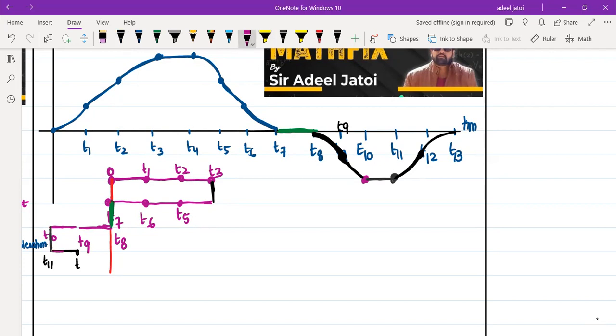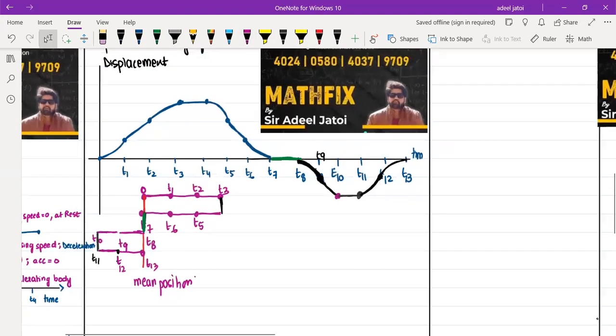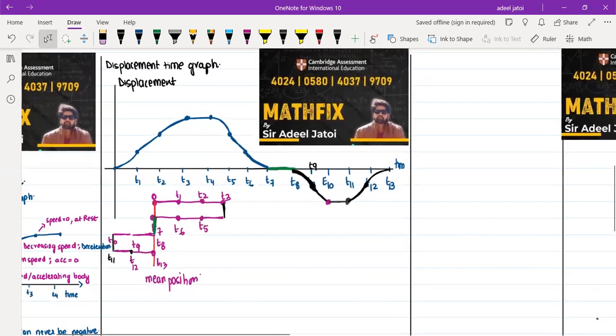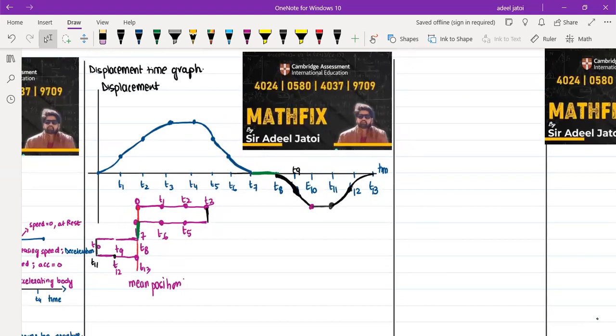This will be 12, and then at T13 we will be at the mean position. So this actually is showing me what? Displacement time graph. Displacement time graph of the body.